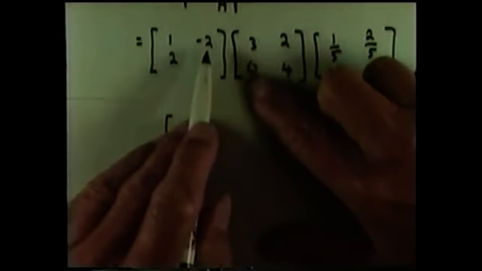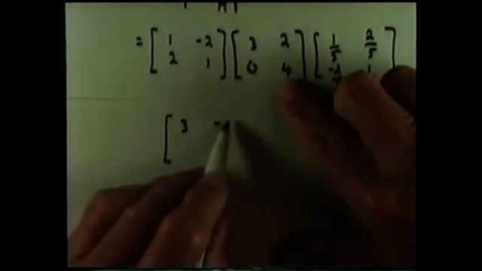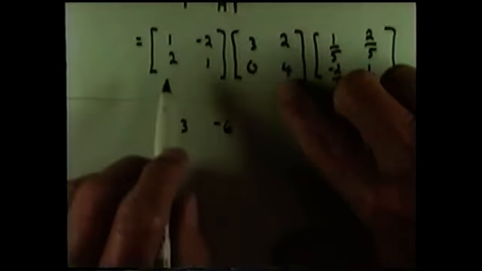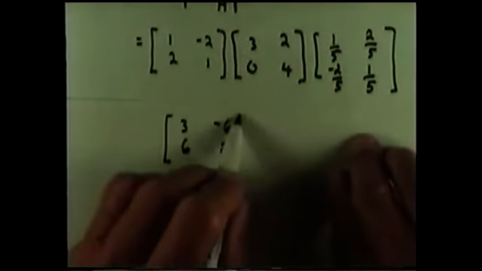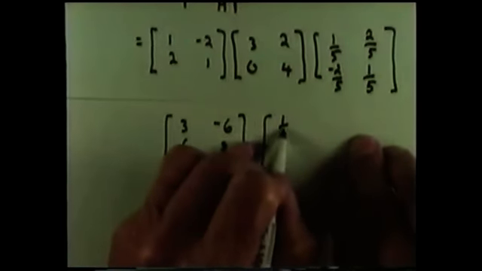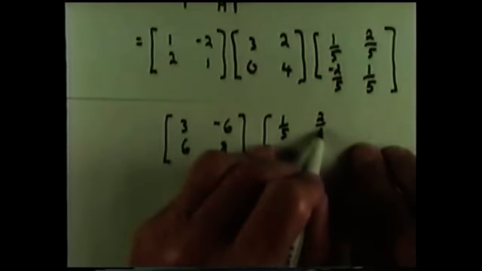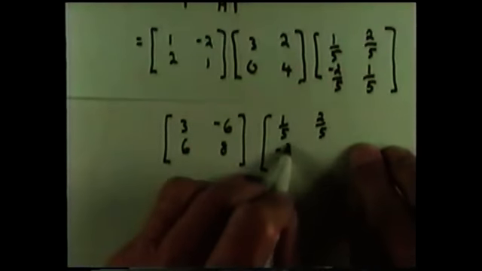Three plus 0 is 3. That's going to be 2 minus 8 is -6. 6 plus 0 is 6. 4 plus 4 is 8. Times 1/5, 2/5, -2/5, 1/5.